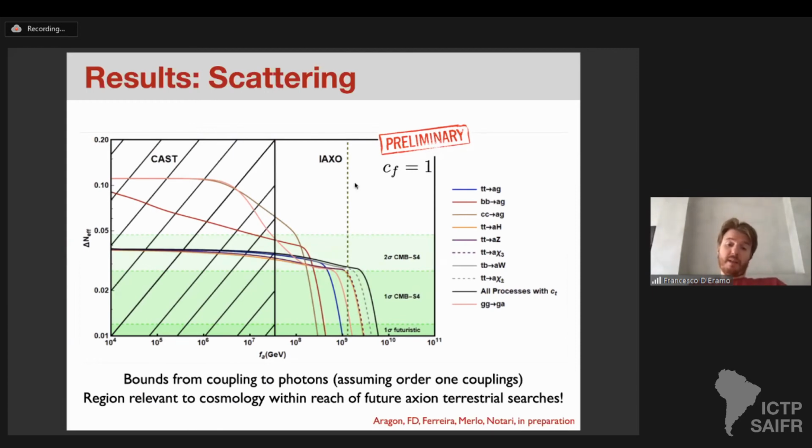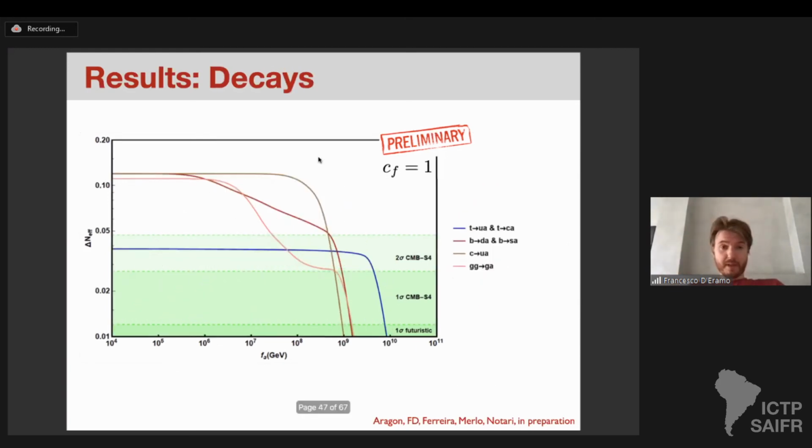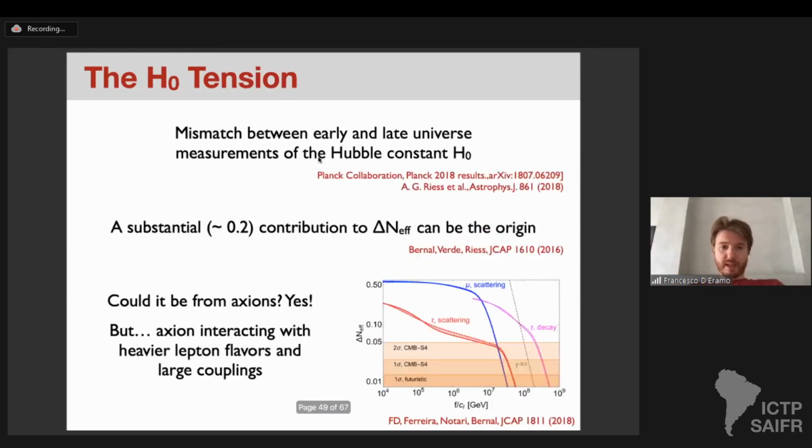And I will talk about axions from the sun in a second. So this region of f_a around 10 to the 9 is very interesting because it provides a potential signal in future axion helioscopes like IAXO. It produces a signal in future CMB surveys. And as I argued before, it's also an interesting range for axion dark matter. Then there are the plots for decays as well.